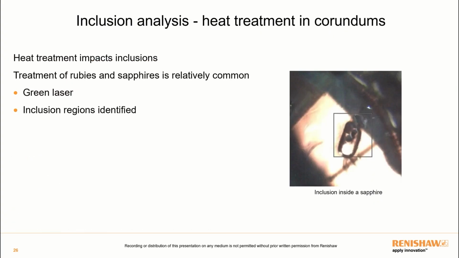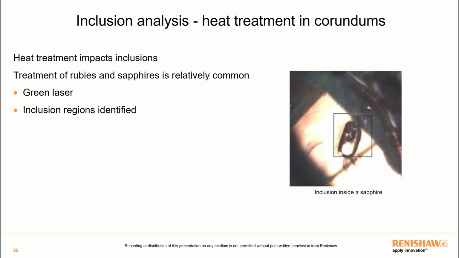This is maybe a more research-oriented example, but it is still important to show it here. So this is heat treatment in rubies and sapphires. These treatments are used to enhance the color and modify the clarity of the gems, and it's nowadays commonly accepted by the gem trade.